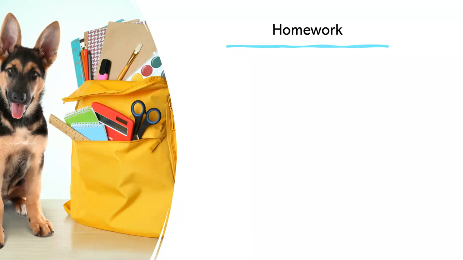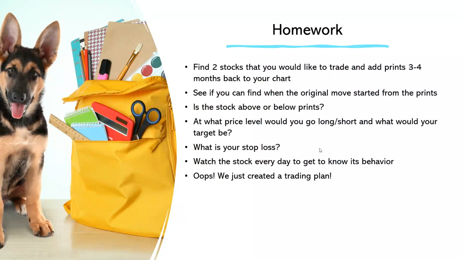Okay, so here's homework, and it's only a friendly suggestion. I'm not following up with you. I behoove you to do it for the sake of your own trading. You can tell I'm a German Shepherd fan; I've got one of my own. I'm asking you to find 2 stocks that you would like to trade and add prints 3 to 4 months back on your chart.